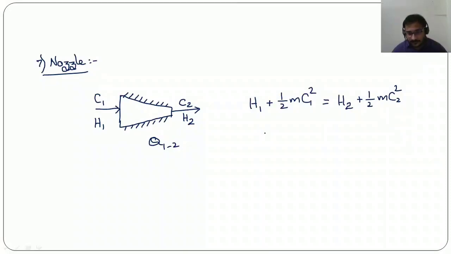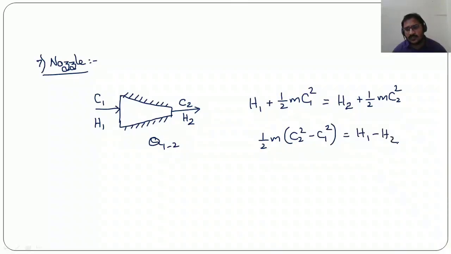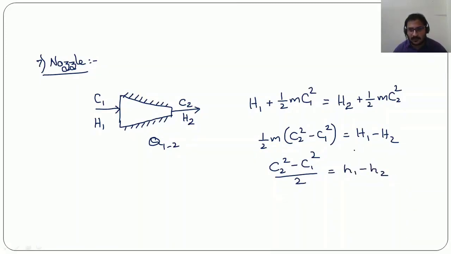Now here we can write like this: half m into c2 square minus c1 square is equal to h1 minus h2, which is nothing but the enthalpy drop. So you can also write this equation like this: c2 square minus c1 square by 2 is equal to small h1 minus h2, because if we remove mass, capital H1 minus H2 can be written as m into h1 minus h2.